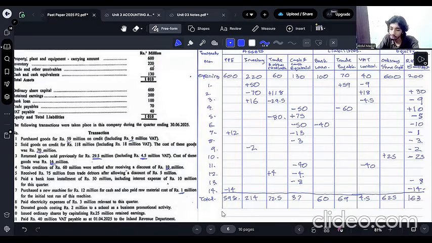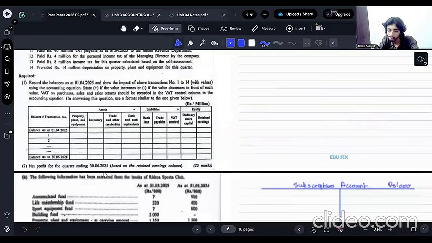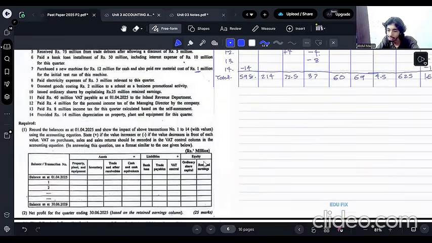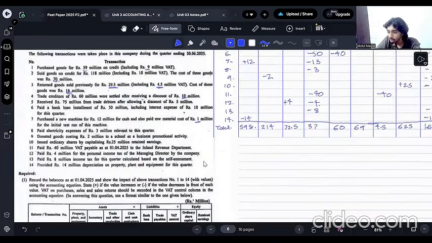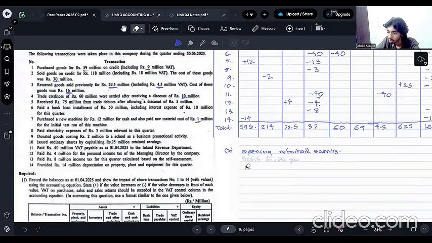Then the next requirement is to find the net profit based on the retained earnings column. So under retained earnings, you will firstly have opening retained earnings. The profit will increase, the profit for the year. We can find it using this equation.